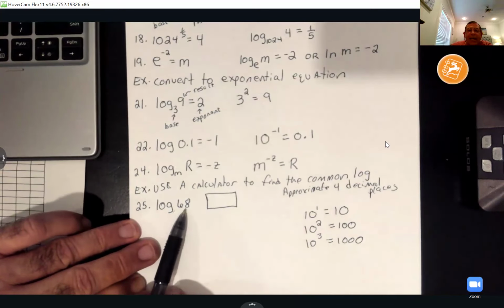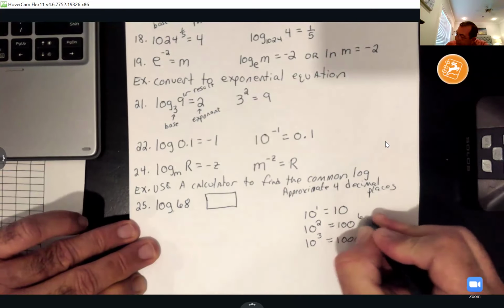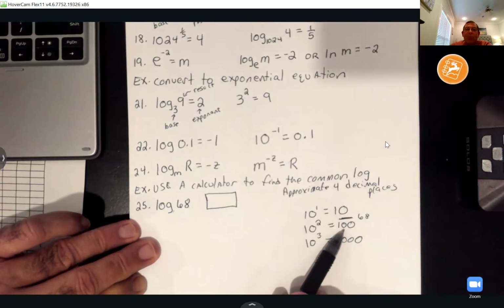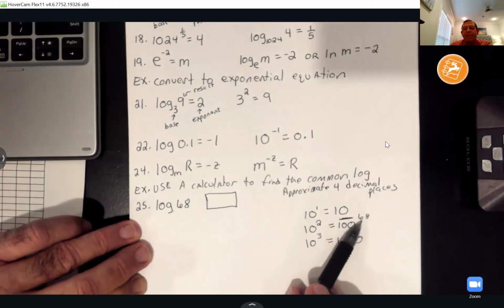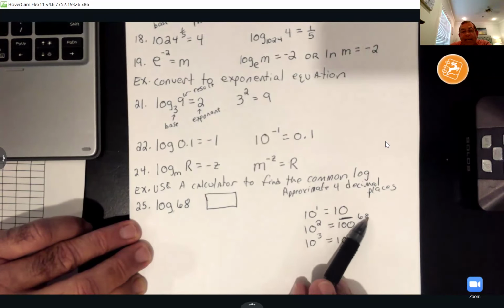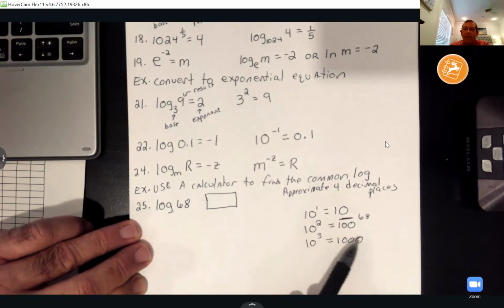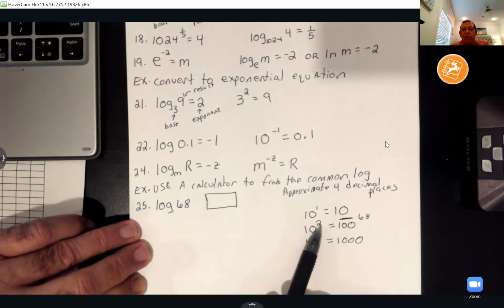So y'all look at here. Here you got 68. That 68 is somewhere in between that 10 and that 100. So if 68 is between 10 and 100, its exponent has to be in between 1 and 2. Does that make sense? Any numbers between 100 and 1,000, their exponents would be 2 point something.